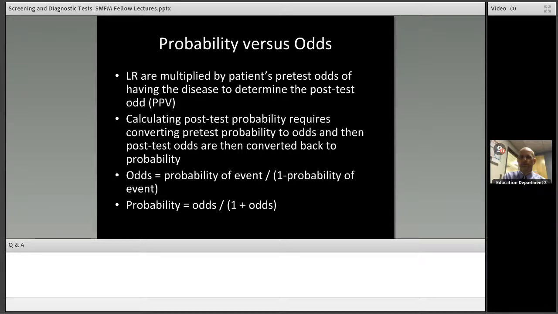Patients sometimes don't think like that, but at least you have to look for very simple ways of trying to explain these complex concepts of odds and probabilities to patients.